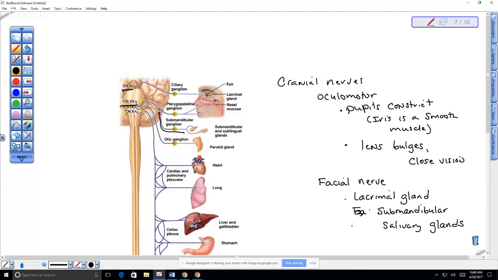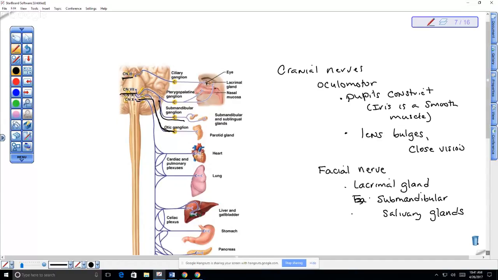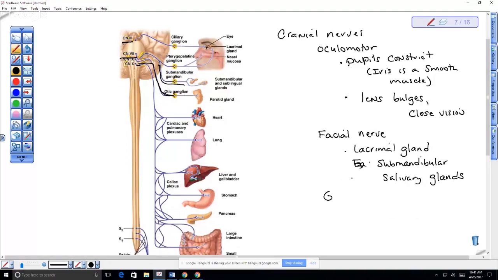Then we have cranial nerve here, right? So this is number 9, right? And so do you remember what number 9 was? Yes, the glossopharyngeal.